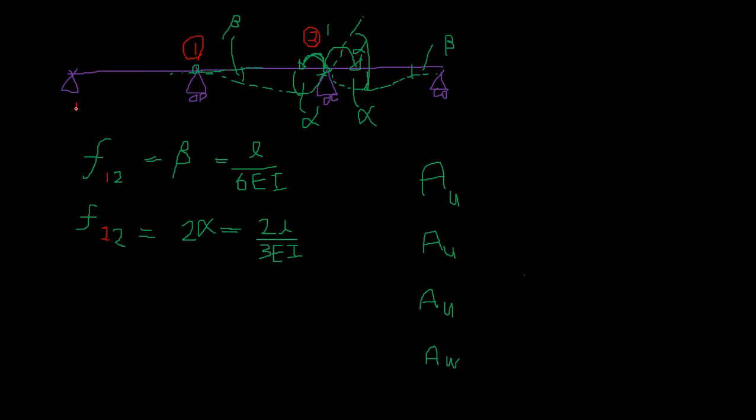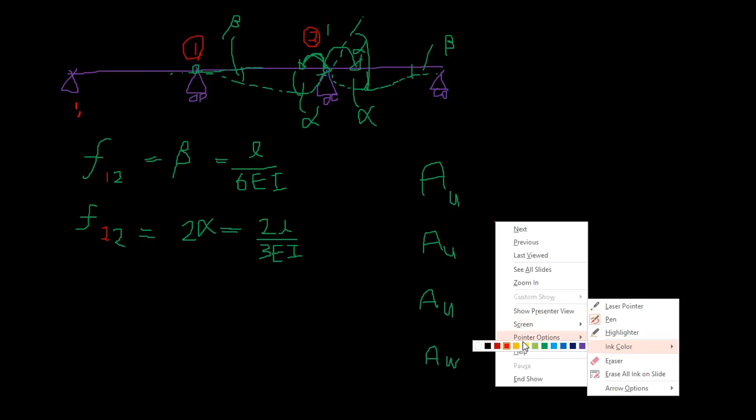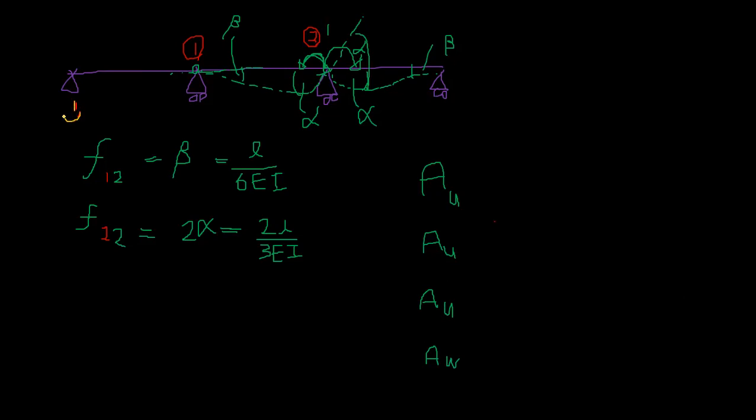This is my first action coordinate, second. I'm using different colors so that you can understand it easily. So action at first coordinate, second coordinate, third coordinate, action at fourth coordinate.